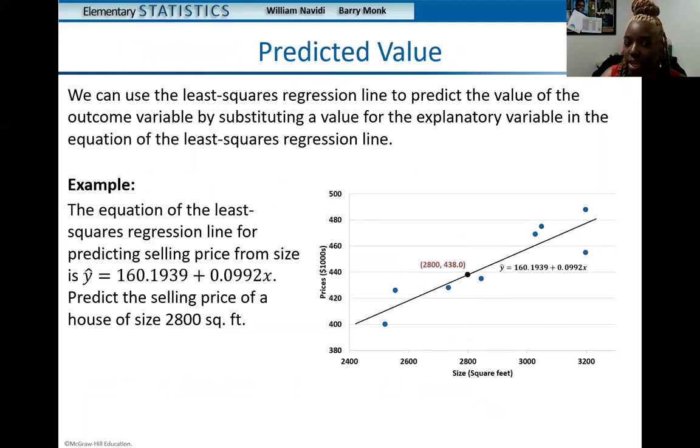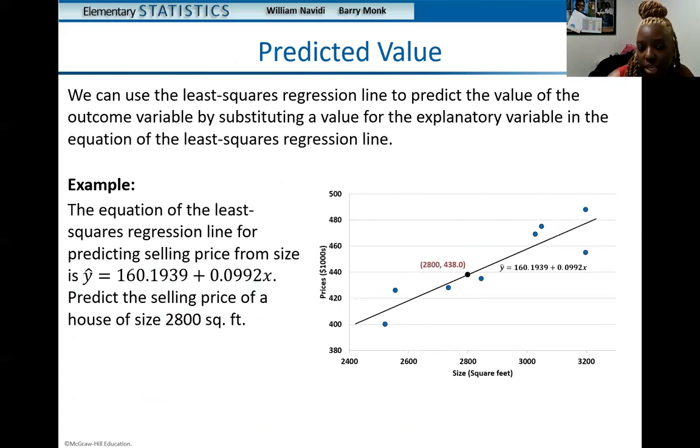That was our line. Now they're asking us to predict the selling price of a house of size 2,800 square feet. So we take 2,800, put it in for x, and then we'll get out our y, which we will definitely go over in our example.